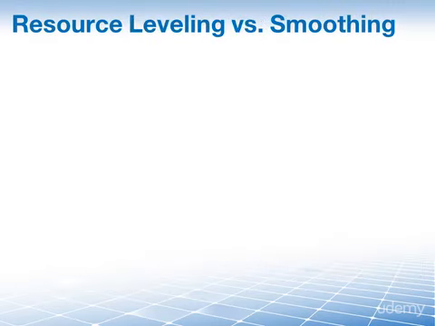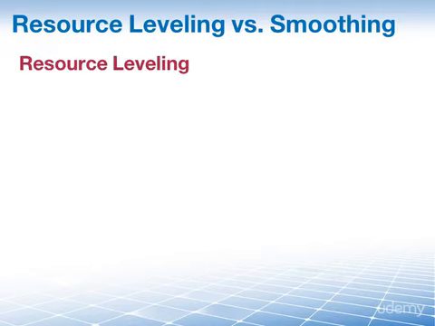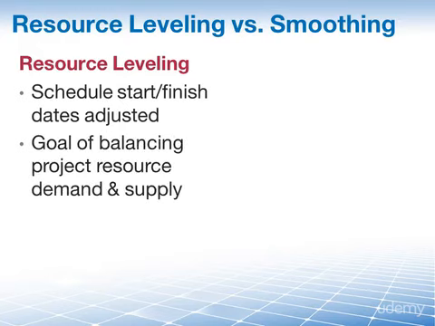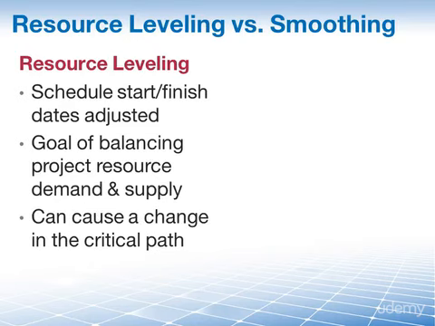Let's finish these two techniques by looking at the differences. When using resource leveling, the schedule network start dates and finish dates are adjusted with the goal of balancing the demand for project resources and the supply or availability of project resources, and this can often cause a change to occur in your critical path.